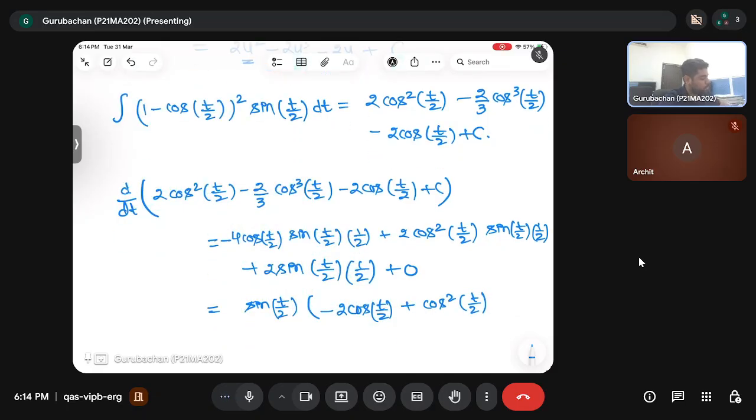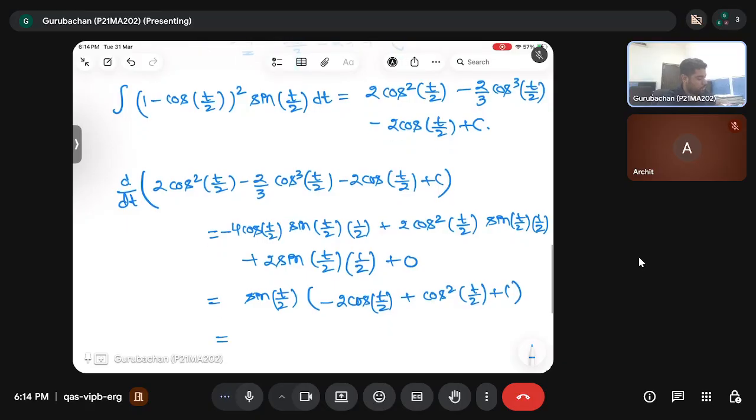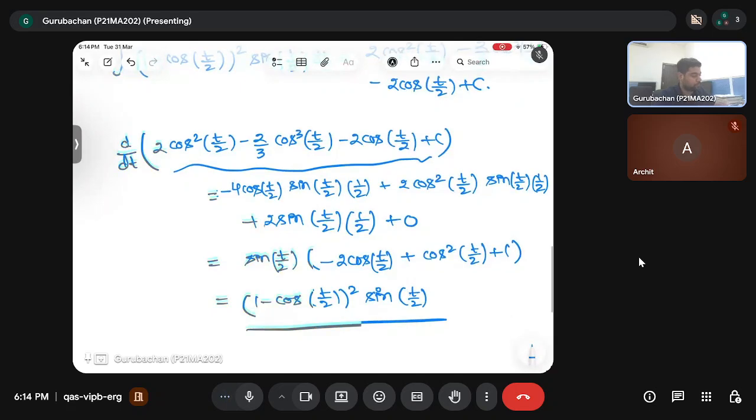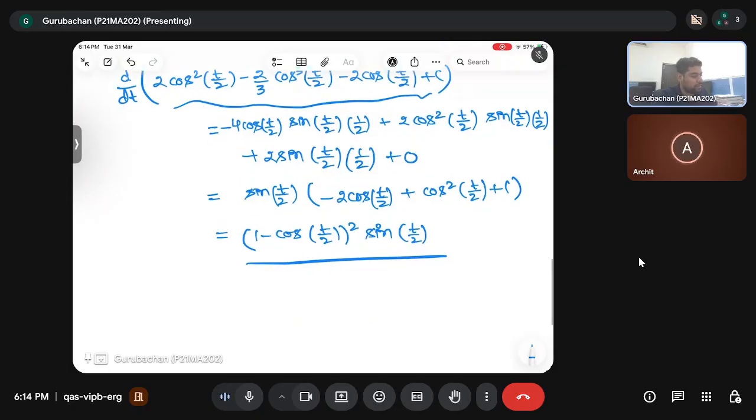If you just complete the whole square, this will be nothing but 1 minus cos t by 2 whole square times sin t by 2. So by the fundamental theorem of calculus you can clearly see that this is the derivative of the inside integrand. So that means our result is correct. Is it clear? I just did this substitution to make things simpler and visible.